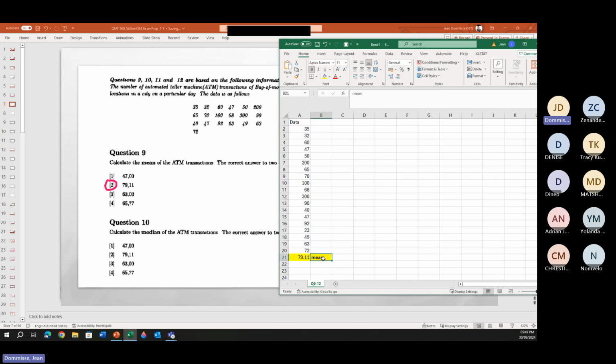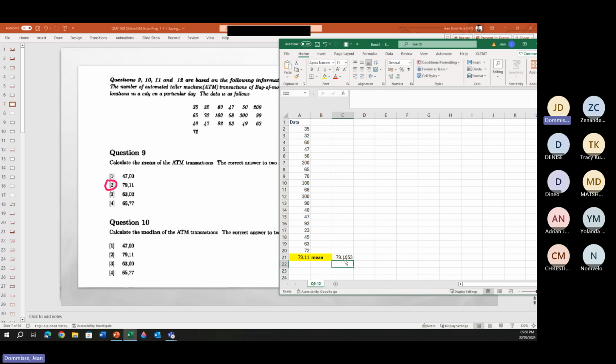If you now needed to work it out with a formula, you would have needed to add all of these together and divide it by how many there was.